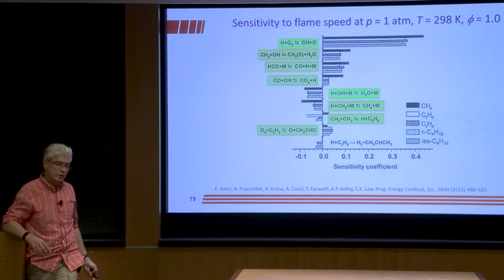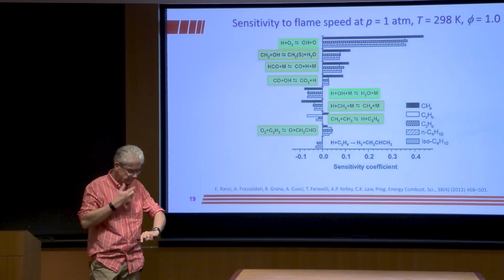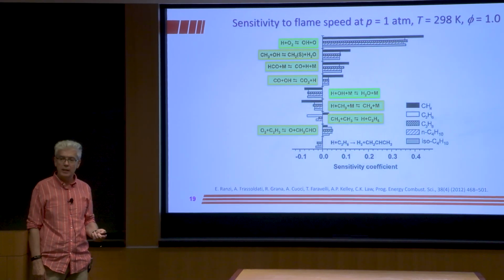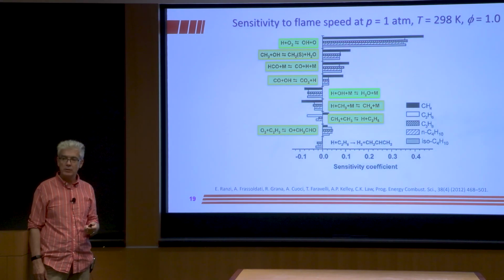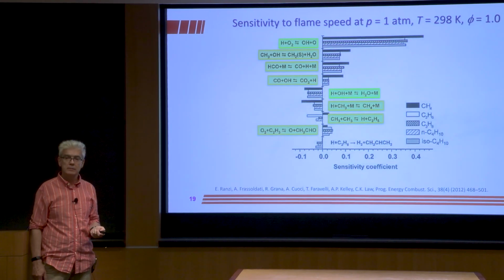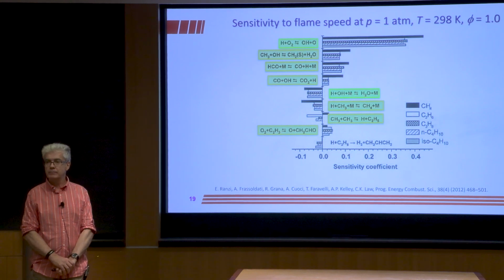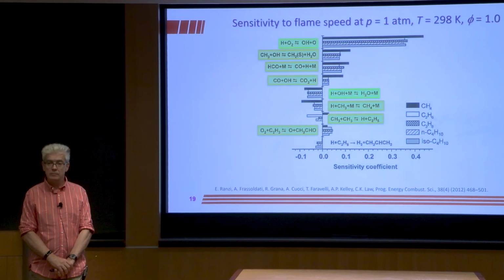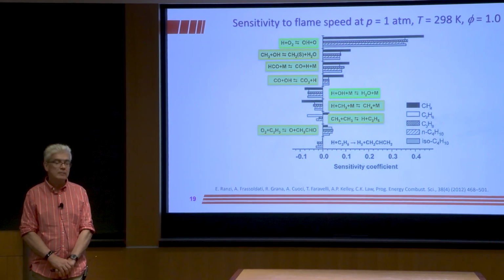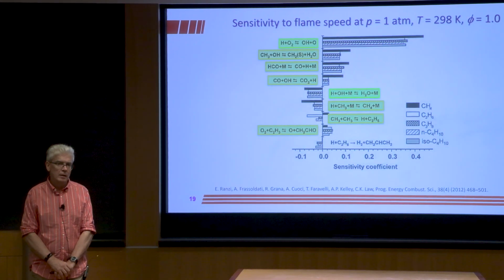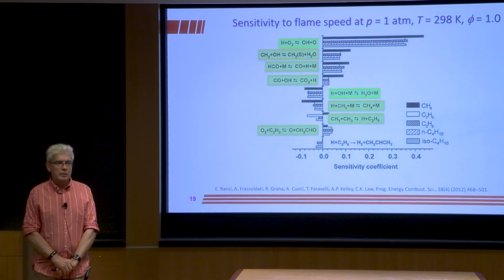Okay. So another thing to remember in flames is that H atom chemistry is hugely important. Why? I think because that's the main flame propagation reactions. Yeah, but why in flames?